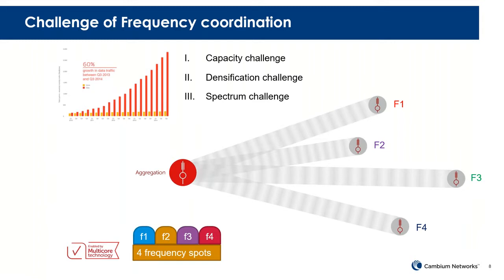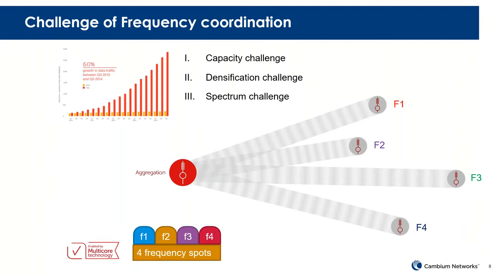For example, let's say you are required to plan for a hub site with 4 remote sites, and you require very high capacity, for example, a gigabit per second or half a gigabit per second to each remote location.